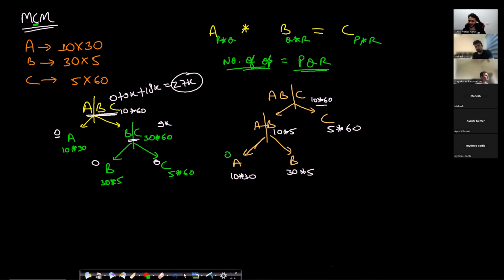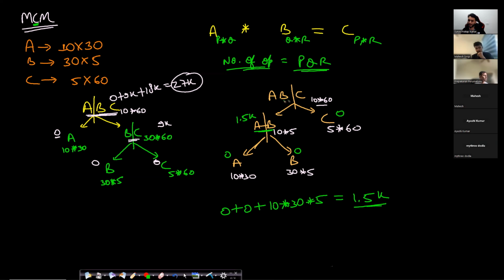Now, these operations: to get A, you get 0 operations. In order to get B, you get 0 operations. This is also 0 operations. What will be the number of operations to get AB? The number of operations to get A, which is 0, plus the number of operations to make B, that is 0, plus the cost to multiply them together, which is 10 into 30 into 5, which is PQR, which is 1.5K, I guess. You check it. 1.5K operations.